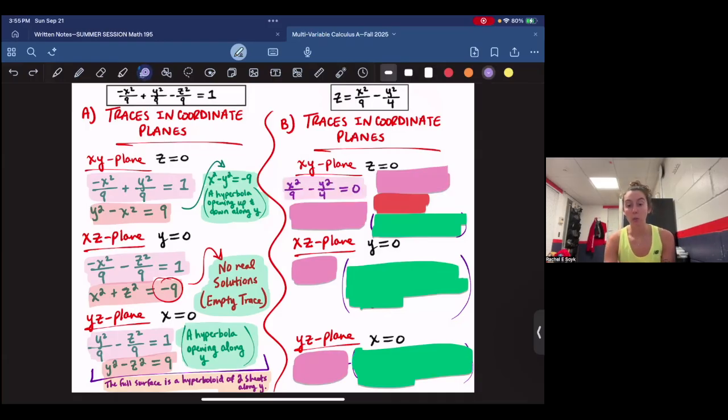And then what does this tell us? We can also put it as x squared over 3 squared minus y squared over 2 squared. So you can really see those semi-axes at play.